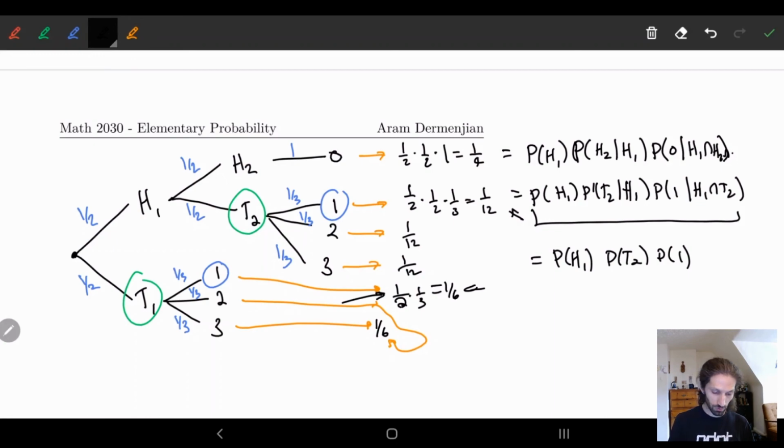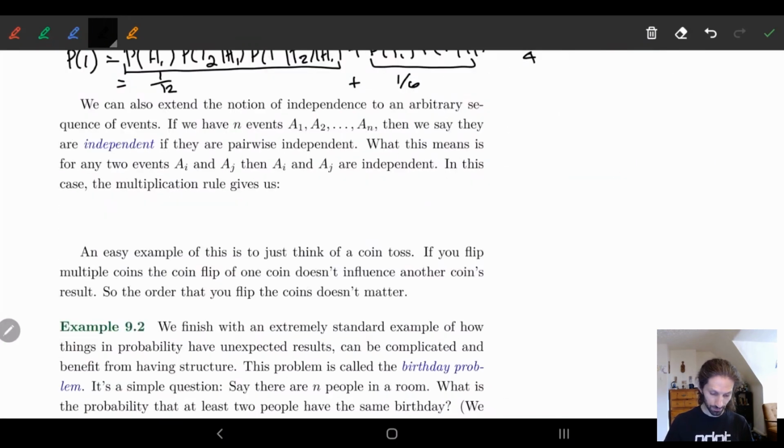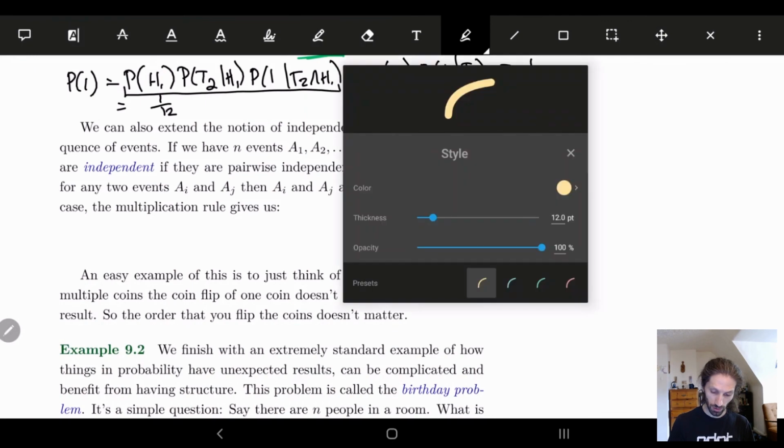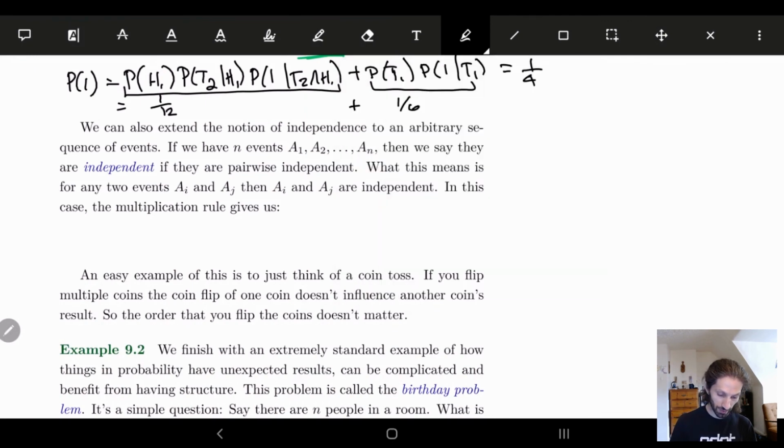And so this idea really is the same independence idea that we had from before. So we just have a multiplication rule for independent events when we have more than 2 events. So if we have n events, we say they're independent if they are pairwise independent, as in if I take any 2, then I should be able to multiply them properly.